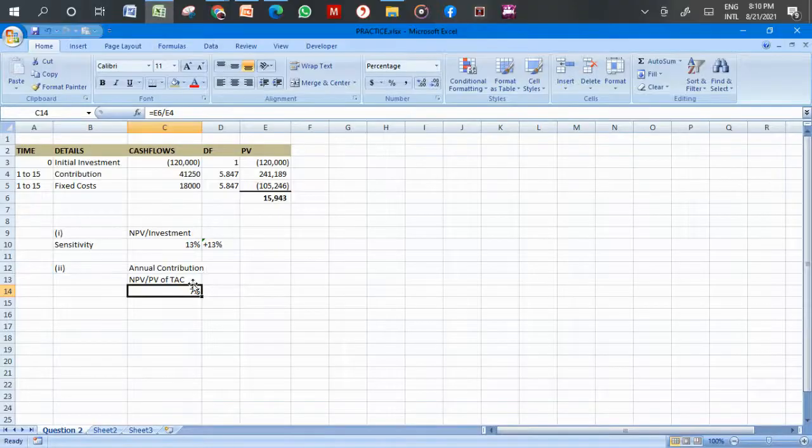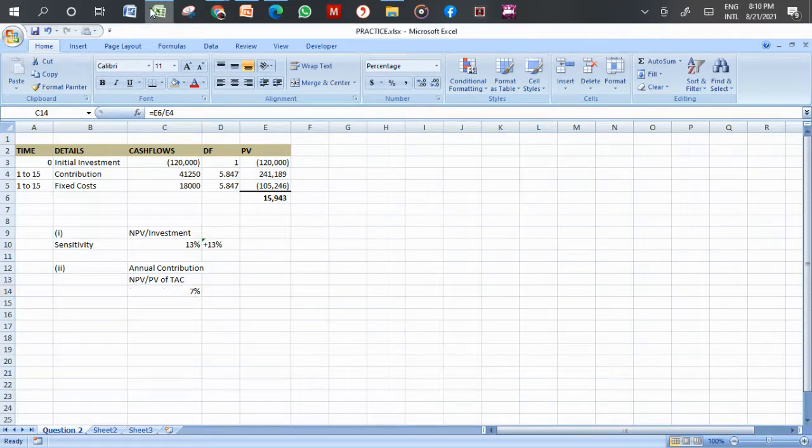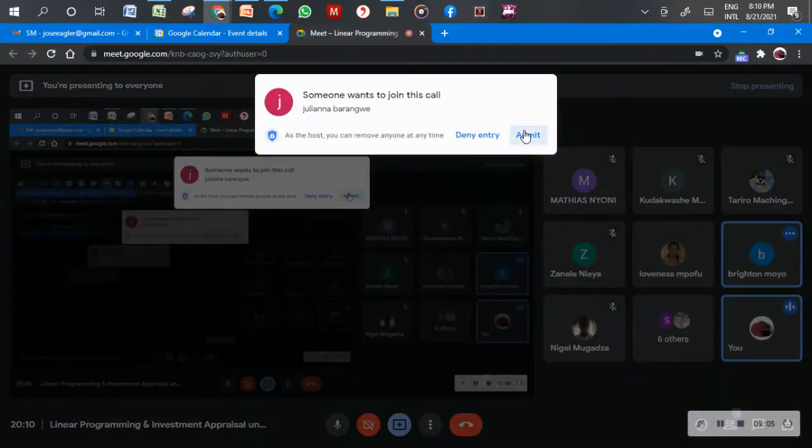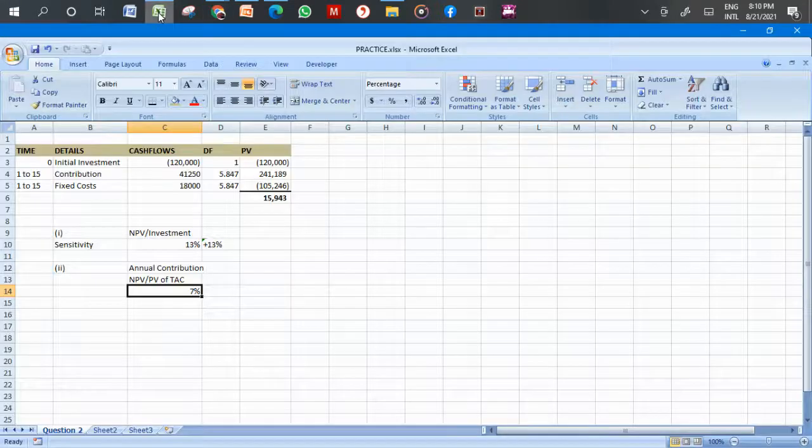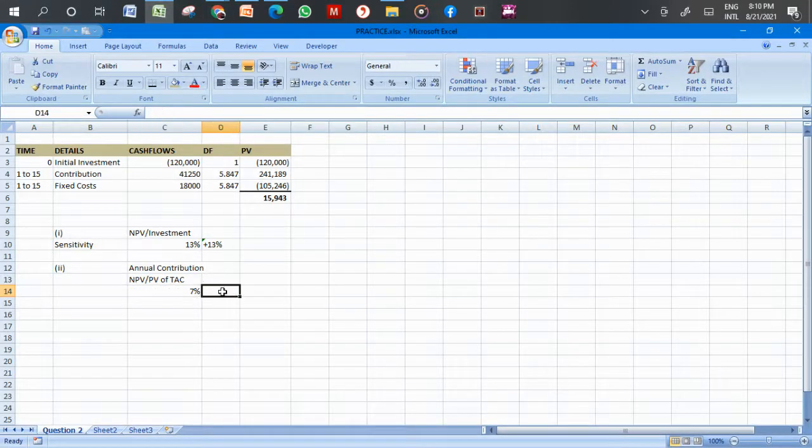Okay, so it's 7%, rounded to the nearest whole number. All right, so this one will be a negative.